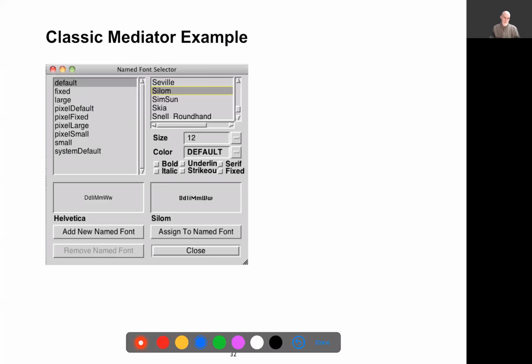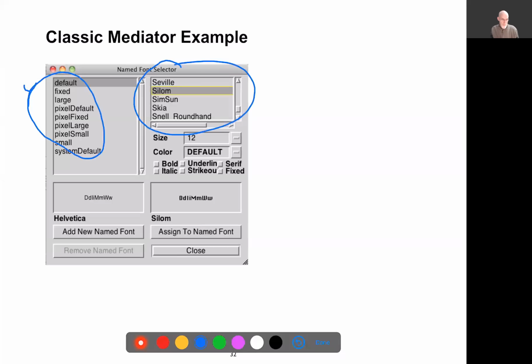So this is the font selector from Visual Smalltalk. Every time you make a selection here, other things change. So if we select items in this list, that's going to change what fonts are listed here.